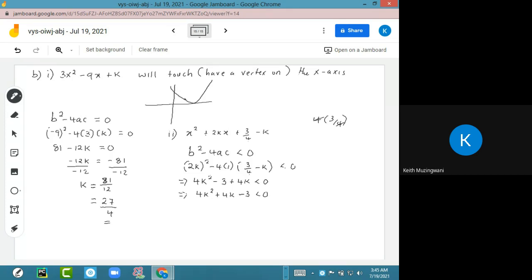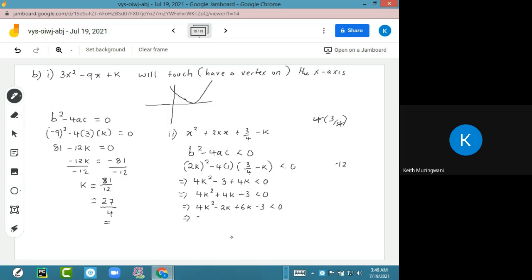We have 4 by 3, that's 12, in fact it's negative 12. So we'll have 4k squared, negative 2k plus 6k minus 3 should be less than 0.